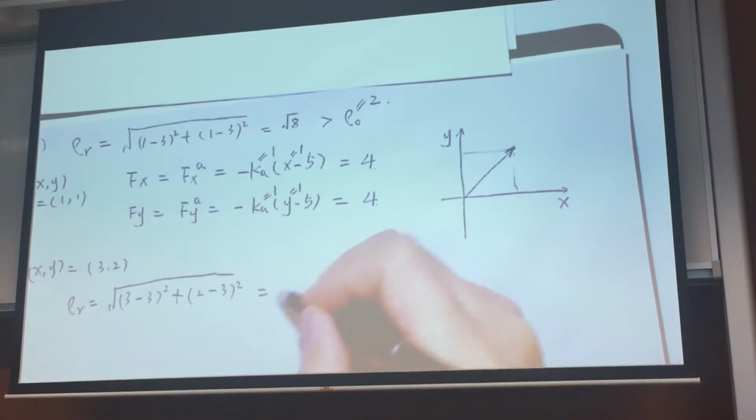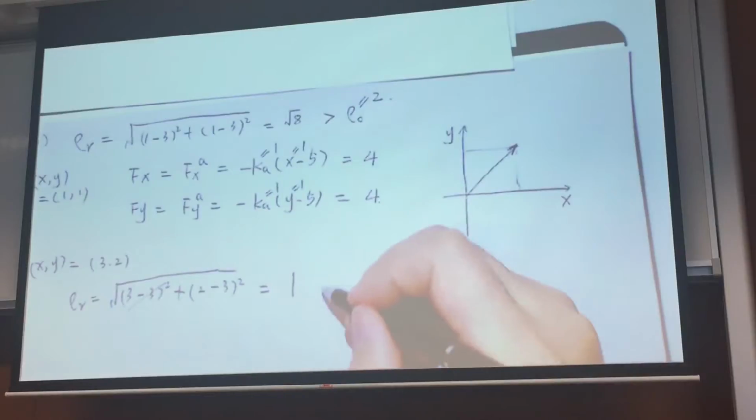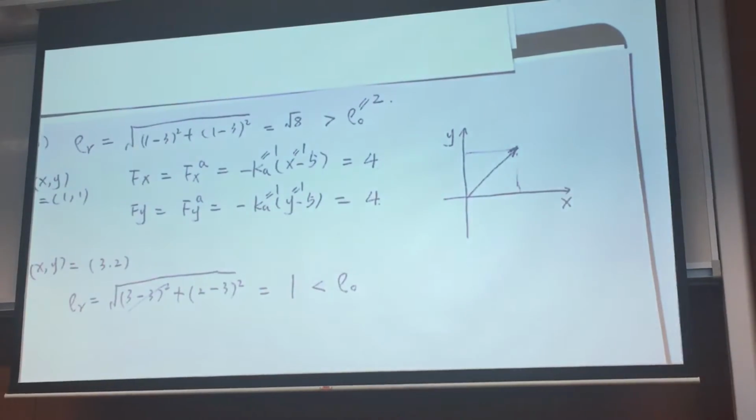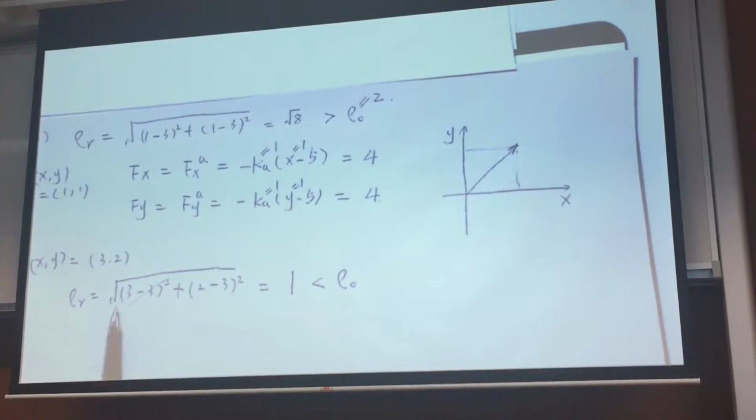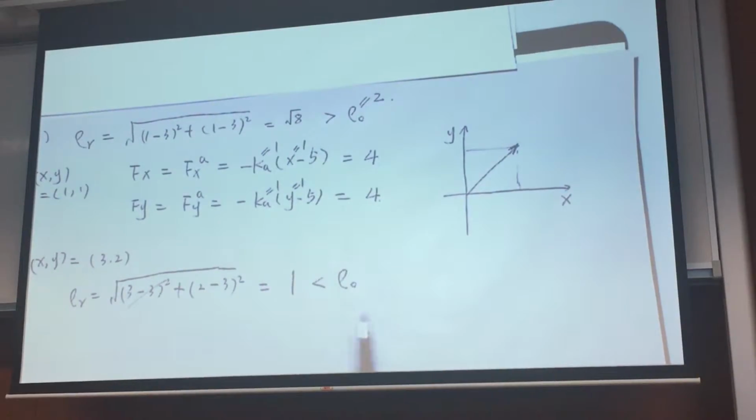So this one is 0, this is equal to 1. So it's smaller than rho 0. So the vehicle is inside the repulsive domain.